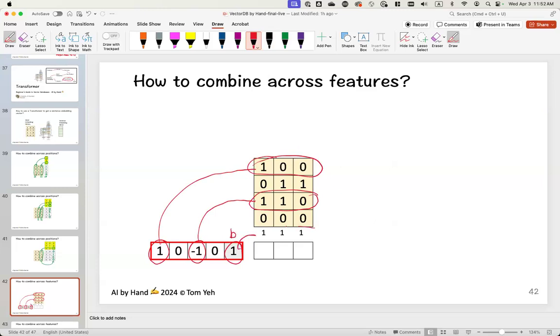The bias matches this little 1 over here. So this is going to be +1, -1, +1. 1 -1 +1 is 1. 0 -1 +1 is 0. 0 -0 +1 is 1. This is how we combine across features to obtain a new set of features, 1, 0, 1.